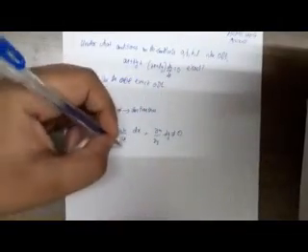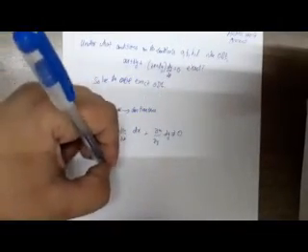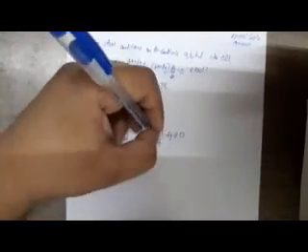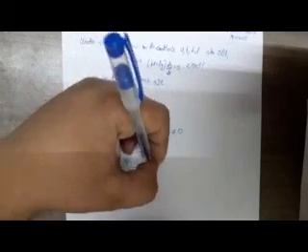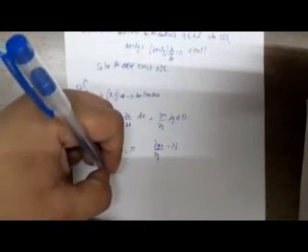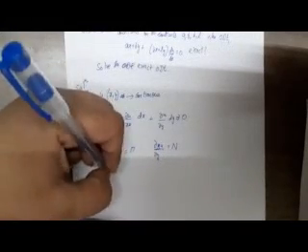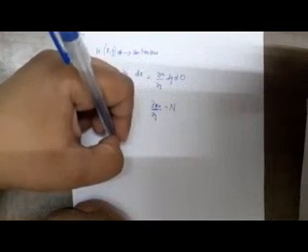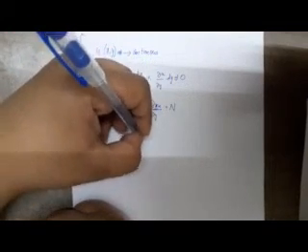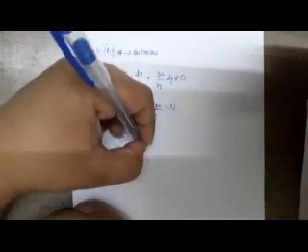Now let us assume that del u by del x equals m and del u by del y equals n. For the equation to be exact, it should satisfy the relation del m by del y equals del n by del x.